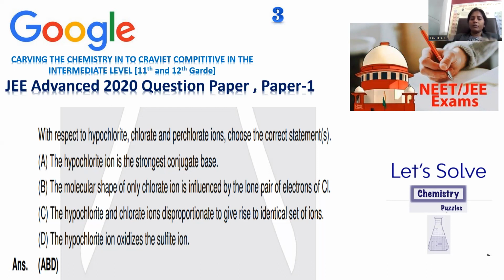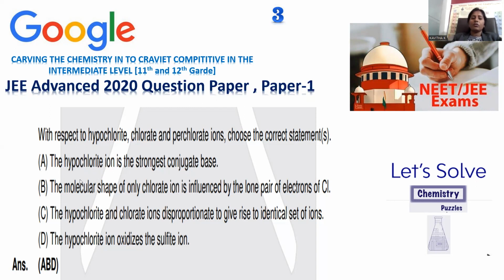One more fundamental we need to know is, if the starting material acid is weak, its conjugate base will become strong. If the starting material acid is strong, then its conjugate base becomes weak. So that is the kind of relation you can find. One hydrogen difference makes the entire properties completely reciprocal, right?